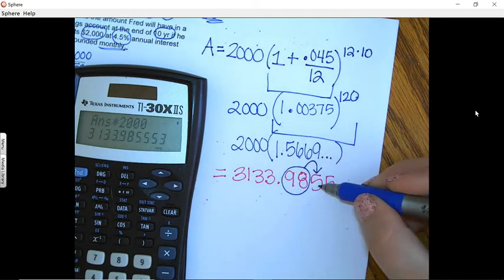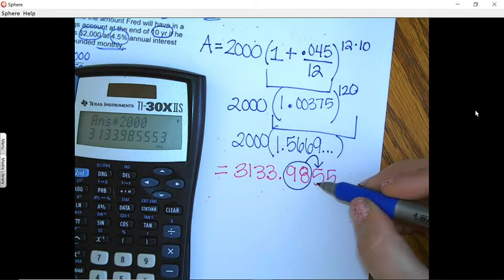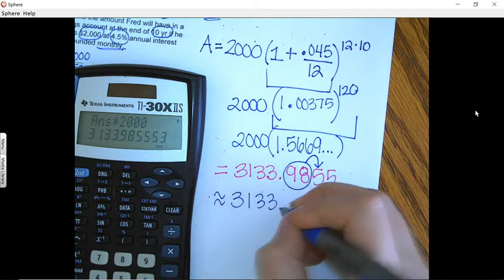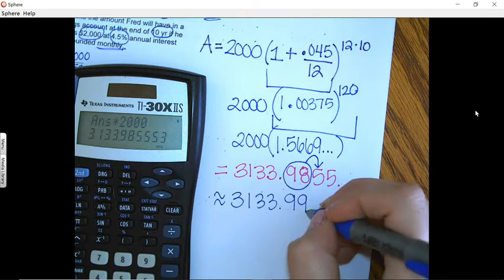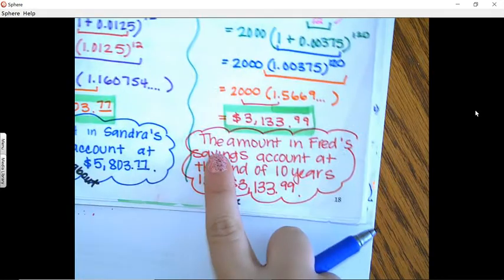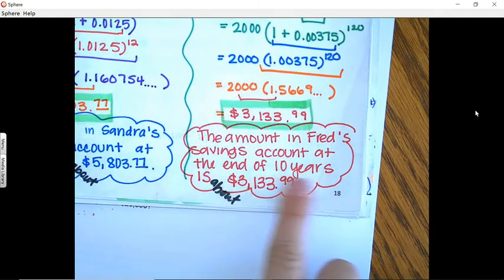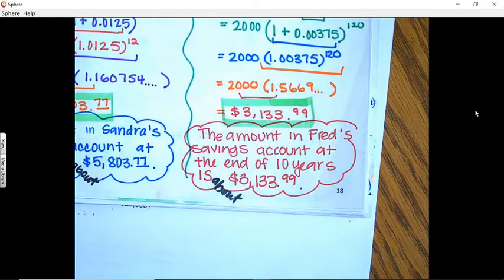So we have to go to the third number, and since this is 5 or higher, the directions say to round to the hundredth place. So instead of 98 cents, since this is 5 or higher, it's going to be 99 cents. Okay. So we would write our answer as the amount in Fred's savings account at the end of 10 years is about $3,133.99.